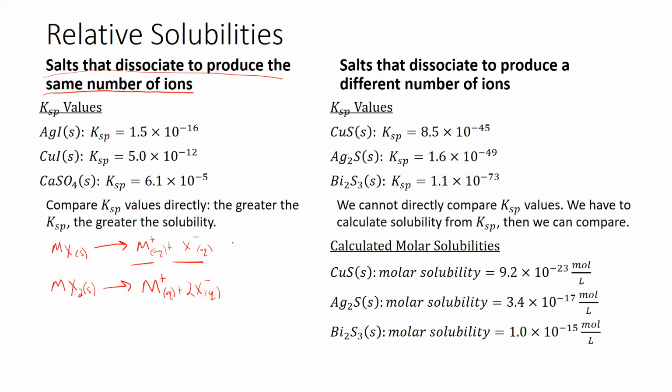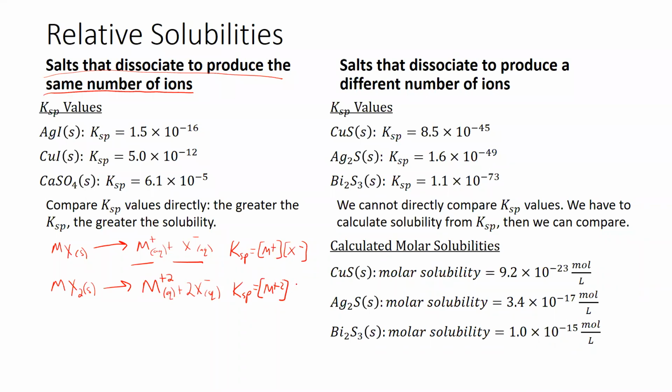Okay, so if you're comparing the first one, you'd get a KSP that is going to equal the concentration of the metal times the concentration of the nonmetal. But if you compare it to the second KSP, in that case, you have the concentration of the metal, let's say +2, if I'm doing this right, or reasonably.